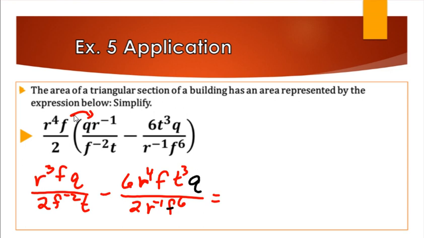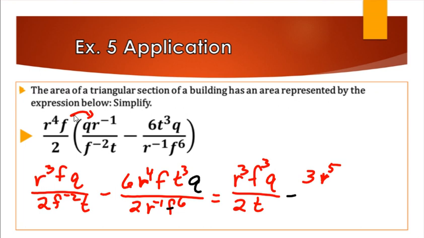We have r cubed f divided by f to the negative second is f cubed. And then we have a q all over 2t minus 6 divided by 2 is 3, so I have a 3 here. R to the fourth divided by r to the negative first is r to the fifth.